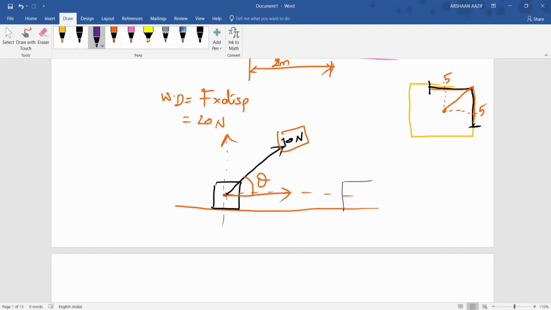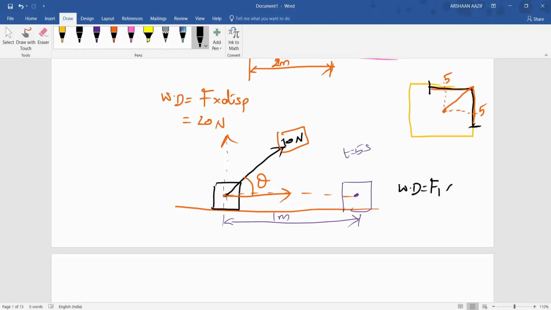So I have only the horizontal displacement, for the same time t equal to 5 seconds. Let me assume that it is 1 meter. In that case, my work done will become the force F1 into 1, where F1 is this component, not 10.